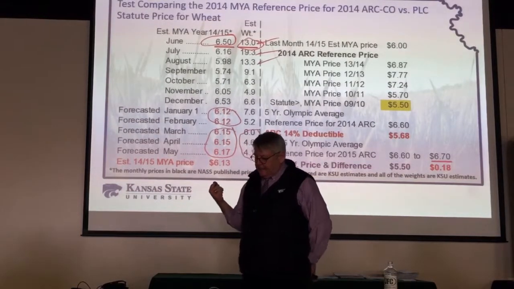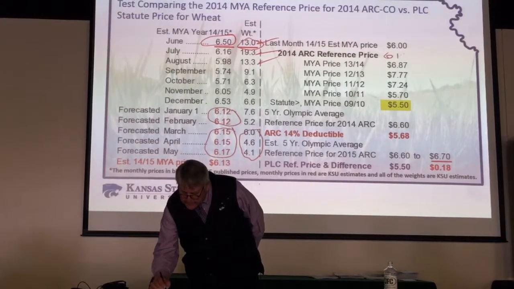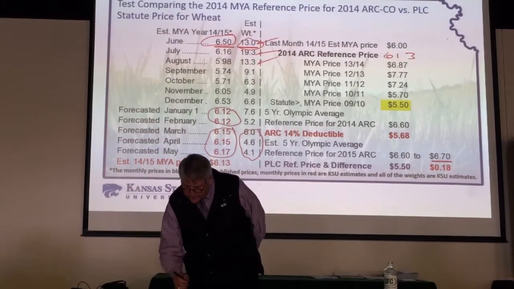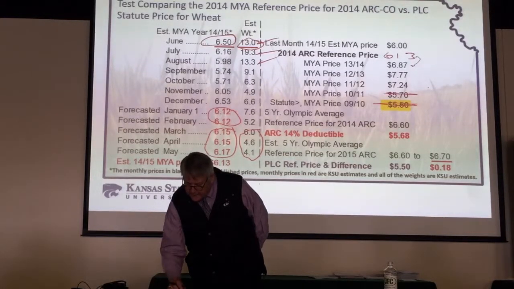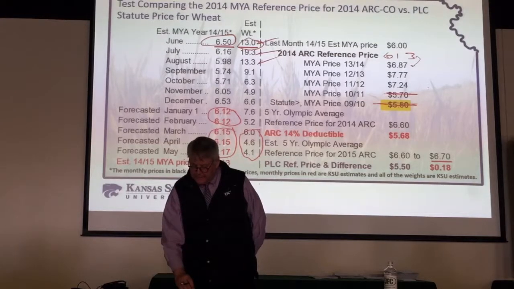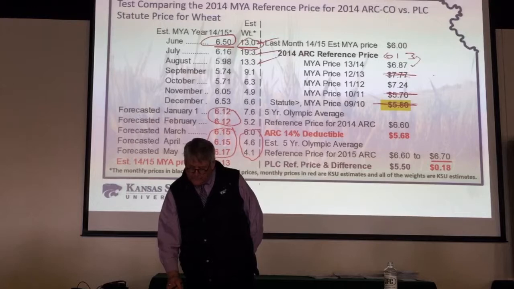When we look, let's just say I'm right at 613. You plug in the 613 next year, that turns out to be correct, and we redo the Olympic average. Well, the first thing you do is next year, the 9-year is going to drop out, and the 613 is going to come into the average, and the low price is 570, and that will drop out once we do the Olympic averaging, and the high price, of course, will still be this 777, which will be there until the last 2 years of the Farm Bill.